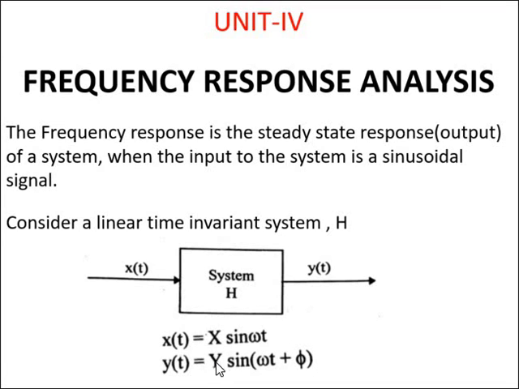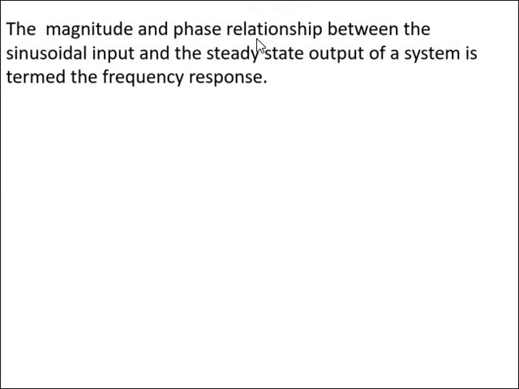So the difference between the magnitudes and phases of input and output is nothing but frequency response analysis. So the magnitude and phase relationship between the sinusoidal input and the steady state output of the system is termed as the frequency response and the frequency response analysis.